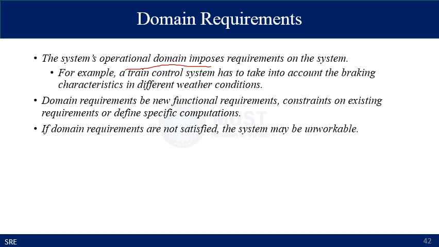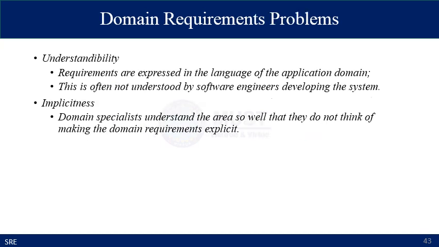If domain requirements are not satisfied, the system may be unworkable. For example, a domain requirement may specify that your system should be able to work on multiple operating systems. If it is not able to work on multiple operating systems, your system will be unworkable.